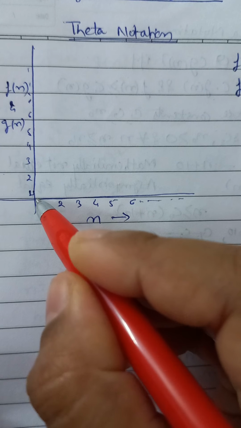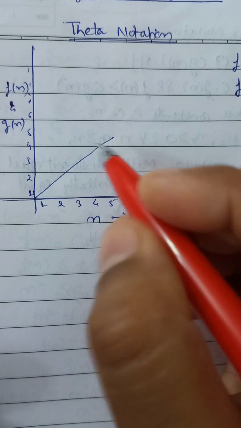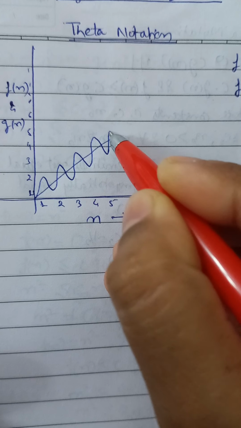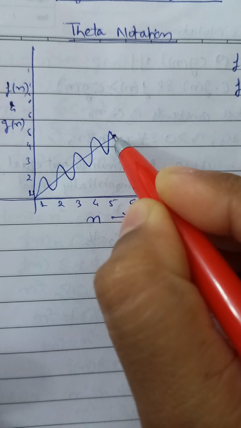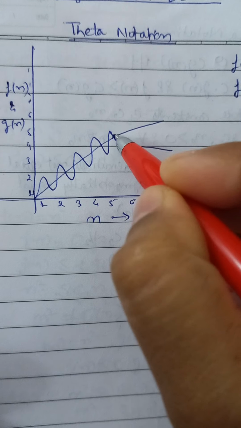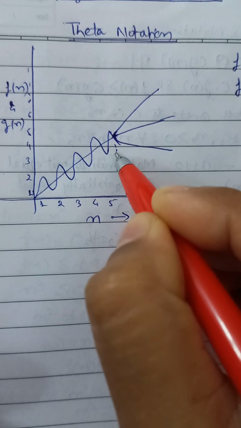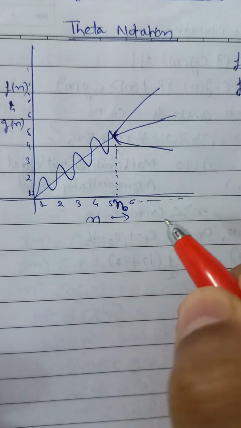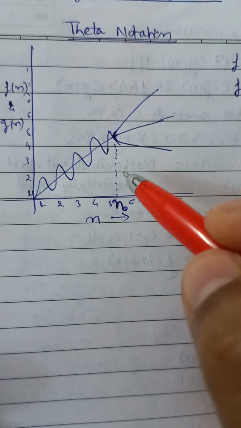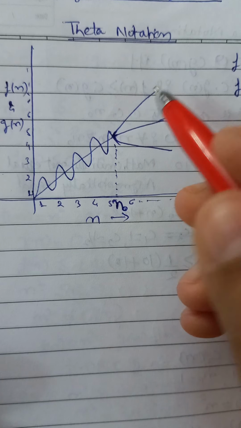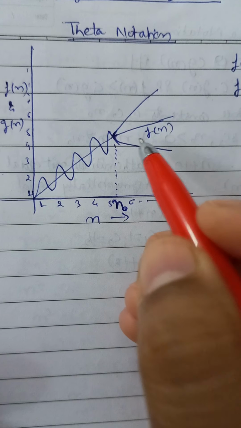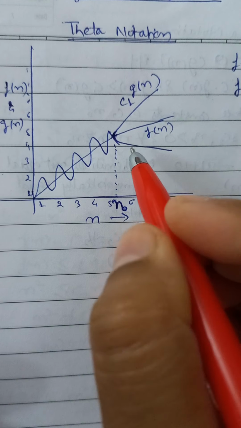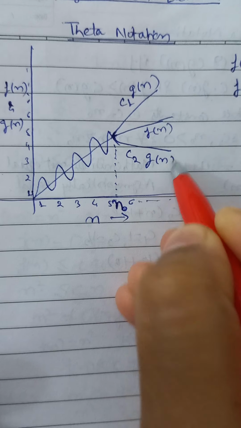So how can we represent them? Before reaching a particular point, that is called n naught, Fn can be less than Gn like this, but after reaching a particular point, Fn will always be less than C1 Gn and always greater than C2 Gn.